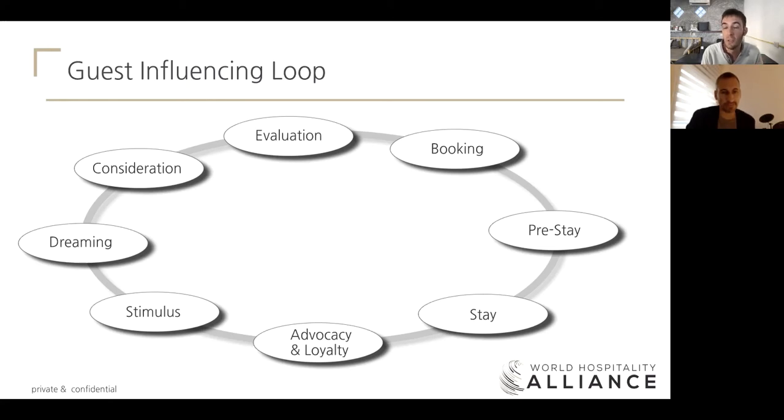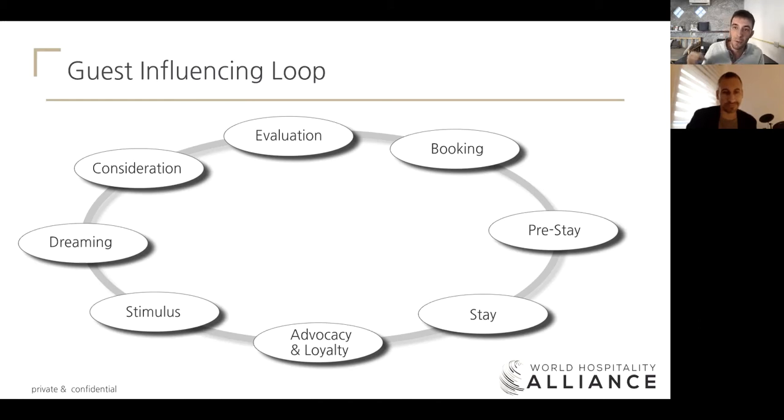It's the difference between latent or unexpressed demand and expressed demand. Expressed demand is when people start actively looking for hotels, like going to Google and searching hotels plus destination or a specific long tail keyword. That is the continuing of the funnel, and finally we get to the booking stage.